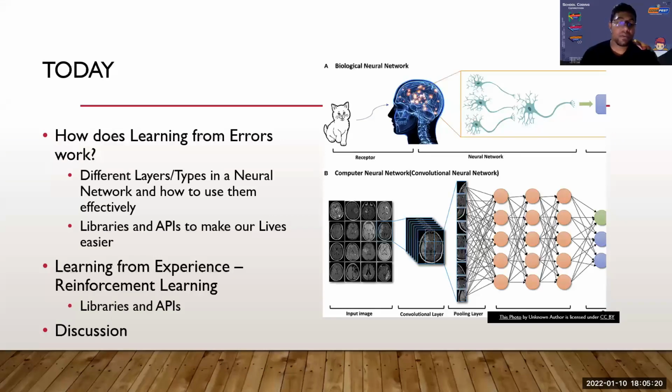If you simply know what sort of a neural network you will need in your problem, you can use a pre-trained model without having to worry about anything else. And then we're going to look at another branch of machine learning, which is reinforcement learning. And if we have enough time, we will cover different libraries and APIs for reinforcement learning as well.